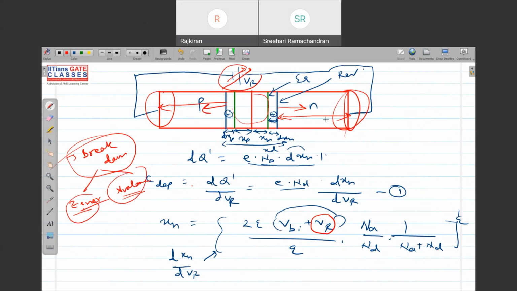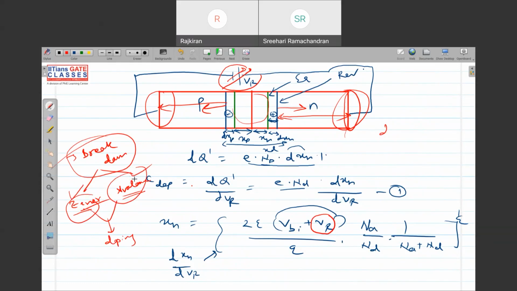Construction means doping. Out of these two, Zener and avalanche, there are two kinds of mechanism. Doping is one important parameter. The PN junction will be doped in such a way that in one diode Zener breakdown takes place, and in another diode avalanche breakdown takes place. If I have time in future classes, I can cover these two things.